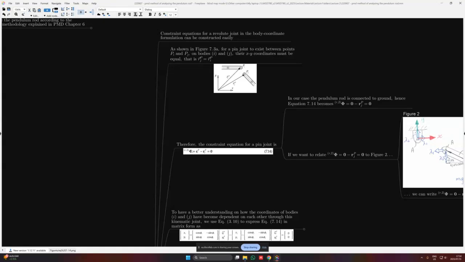Now, the phi is usually the Greek symbol that we use for constraint equations. However, the superscript gives us a bit more information relating to what type of joint we're working with and how many constraints we're enforcing. So the R tells us that we're working with a revolute joint, and the 2 tells us that we're enforcing 2 constraints. So we're removing 2 degrees of freedom between two bodies.